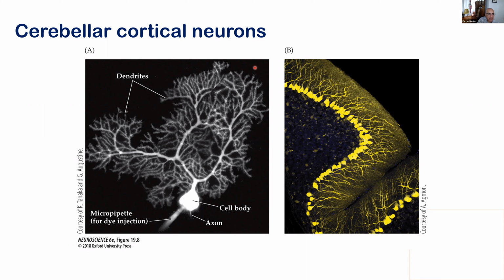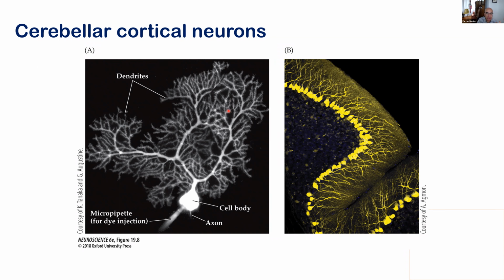The main cells of the cerebellum that were first studied were these cerebellar Purkinje cells. So here's the diagram of one of these guys that you can see. This is the cell body. They're relatively large cells. The axon comes in one direction. But the fascinating part of this, which you can't really appreciate in this figure, but I'll show you in the next slide, is the amazing dendritic structure that these guys have.